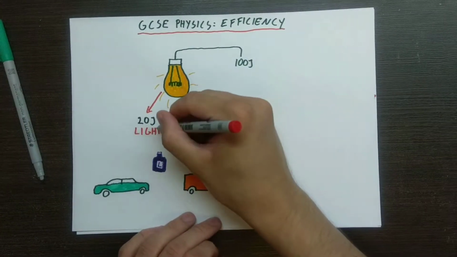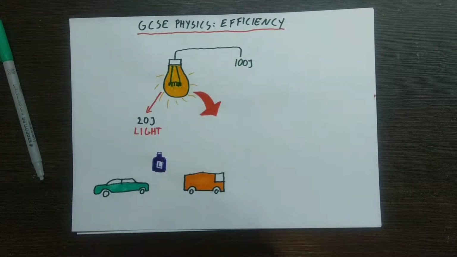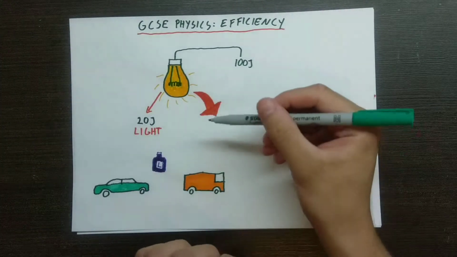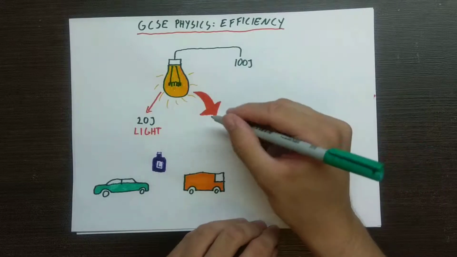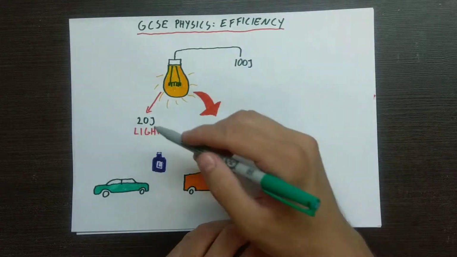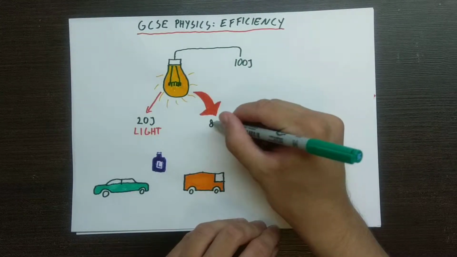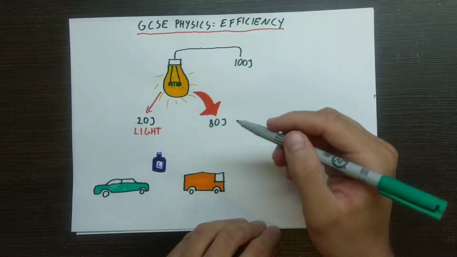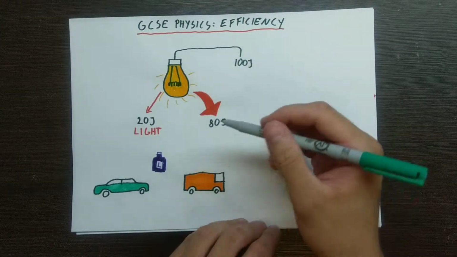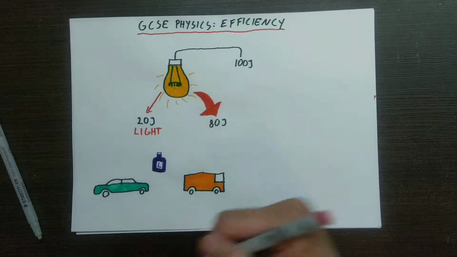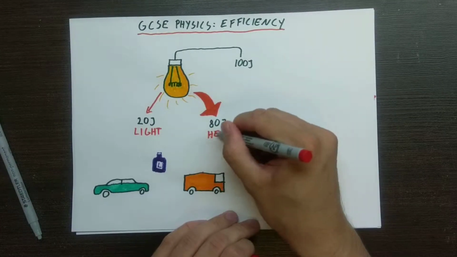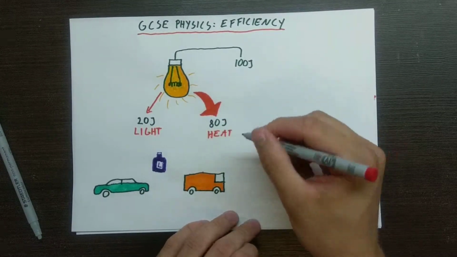Now, this may be surprising at first, because the job of the light bulb is to give out light. But 80 joules of that energy would go towards heat.